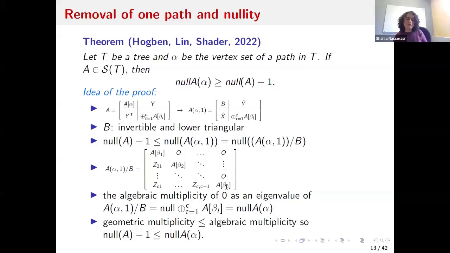So the algebraic multiplicity of the eigenvalue 0 in this new Schur complement matrix is exactly the nullity of the diagonal blocks, and those are the same as before. So we get that the nullity of A with all of alpha deleted is at least the nullity of the original matrix minus 1. So deleting one whole path doesn't drop the nullity by more than 1.